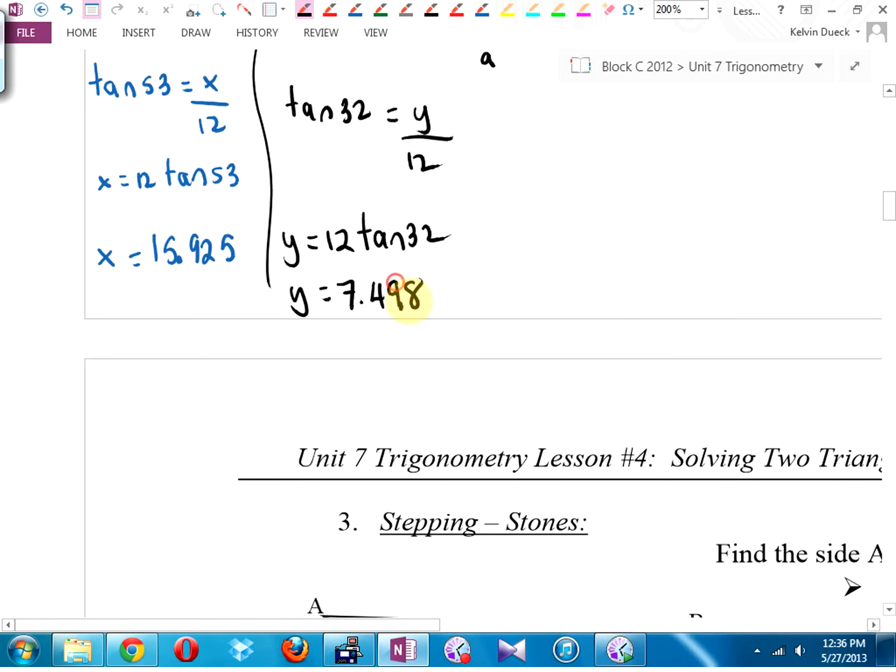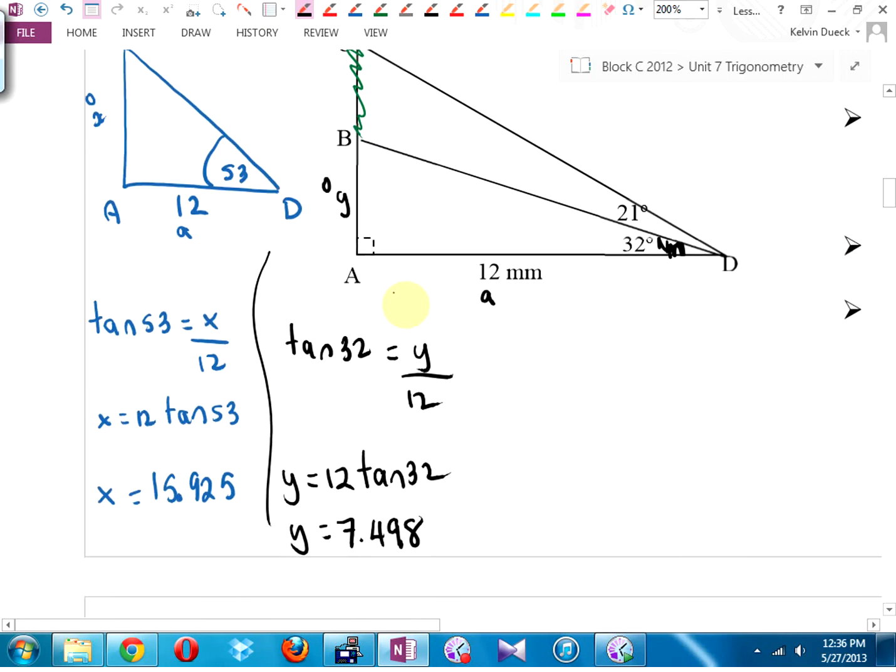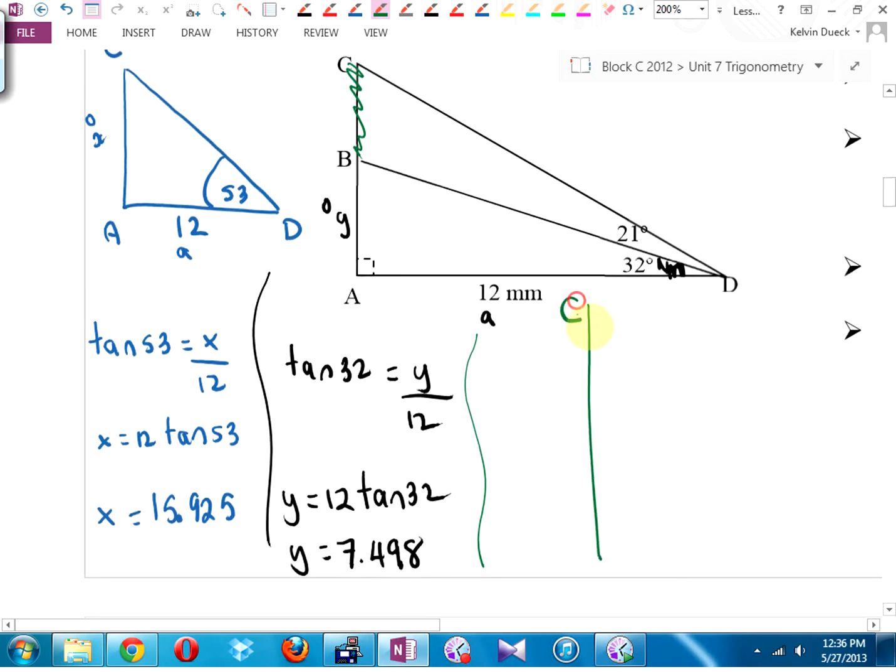$7.498, Mr. Dueck, come on. So it seems to me then, here's what I have. I've got that vertical line which has C, B, and A. And how far from C to A? 15.925.